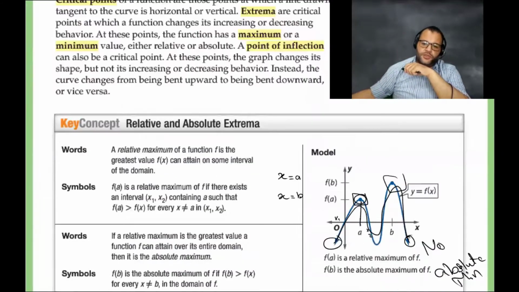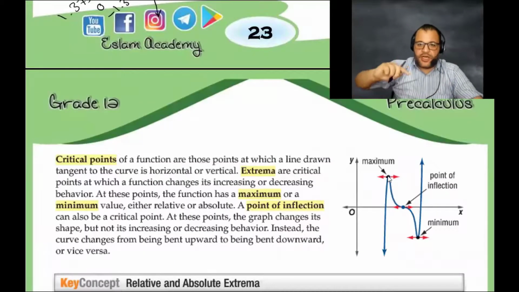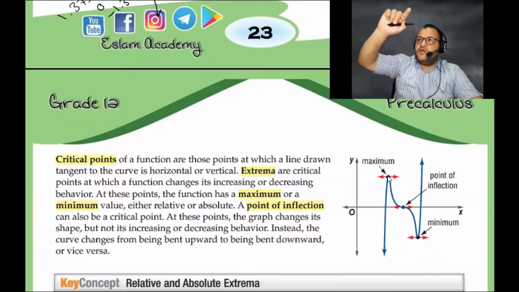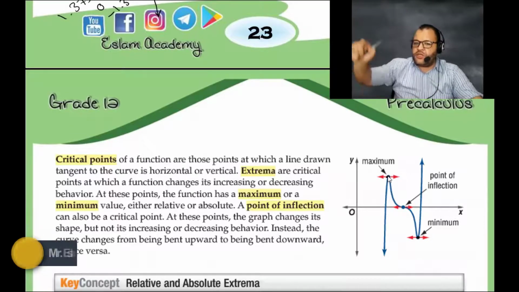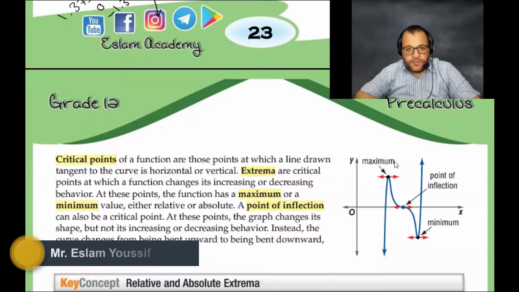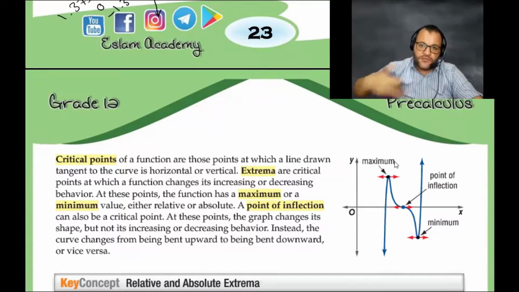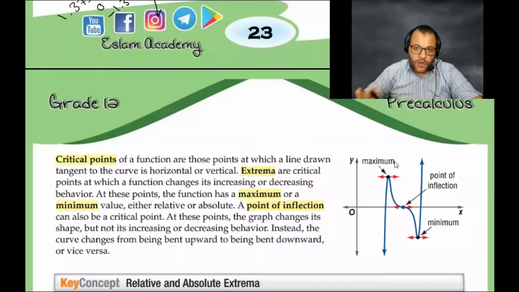At this point, the graph changes direction: going up, then going down, or going down, then going up. Then we just need to know if this point is a maximum or a minimum. Do you understand the meaning of the maximum and the minimum? Please, Yani, just open the mic and give me a response to finish this point. No problem to repeat it, but just don't leave me, okay?